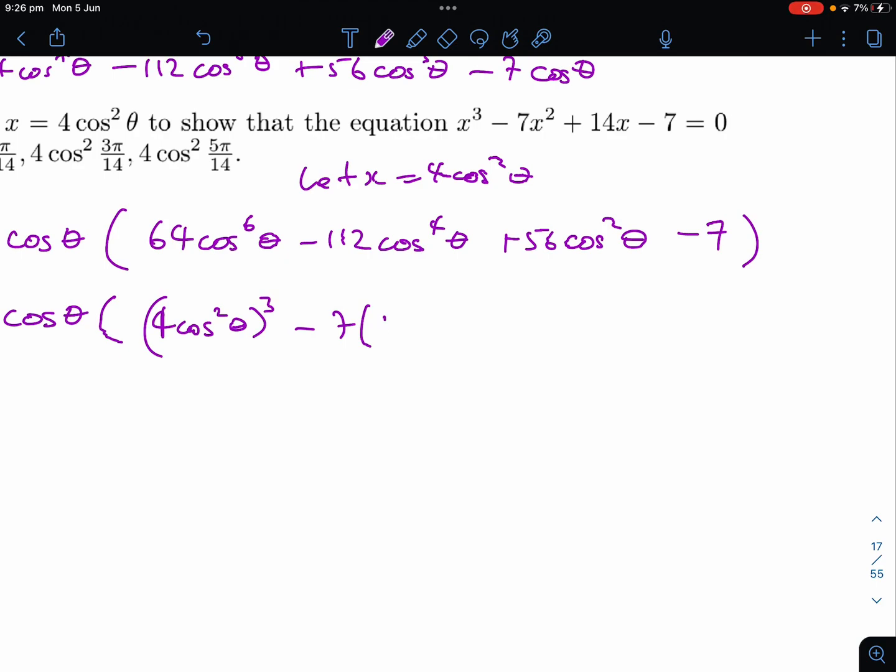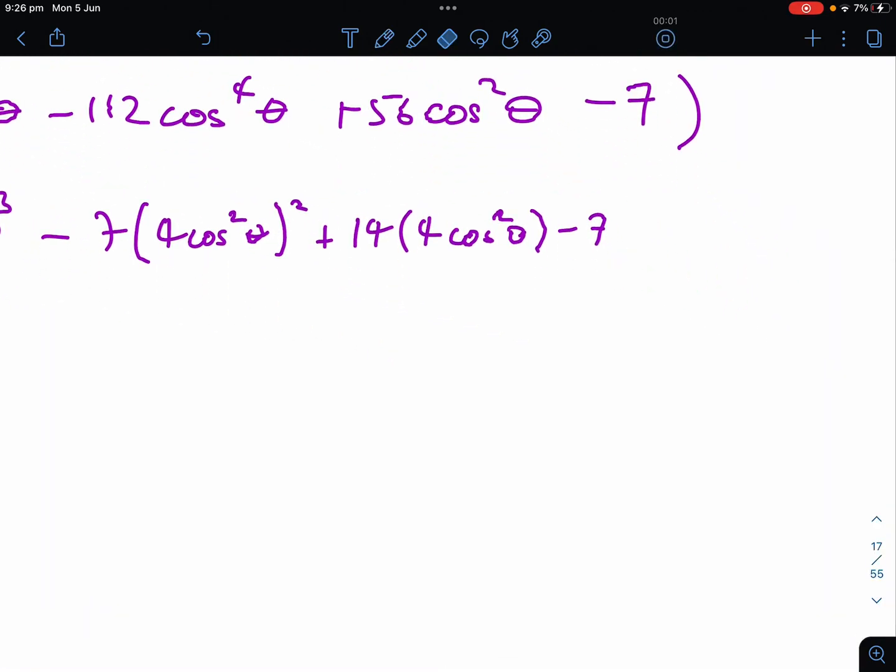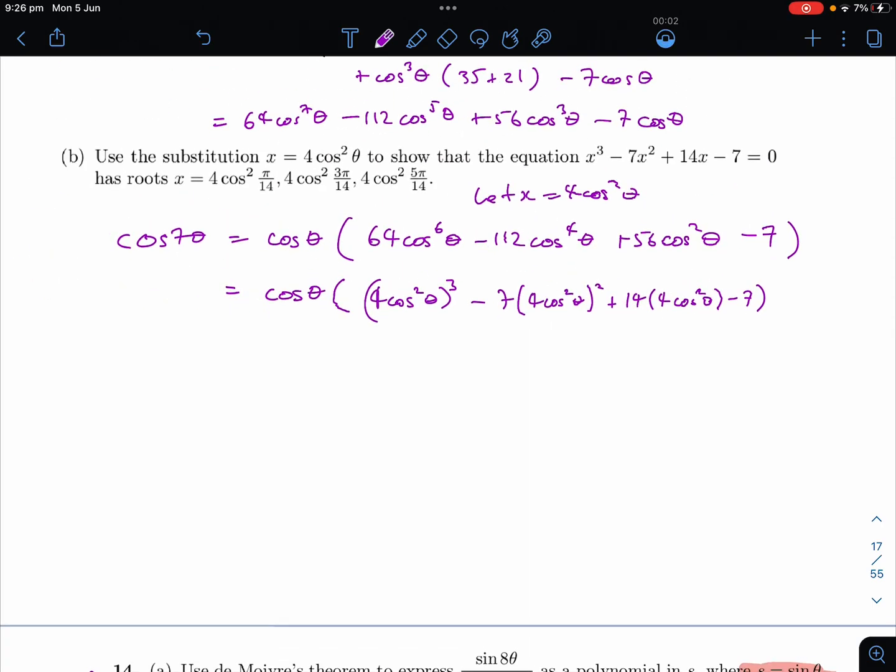7, 4 cos squared theta squared, plus obviously 14 times 4 cos squared theta minus 7. Sorry about that bracket there. Minus 7.